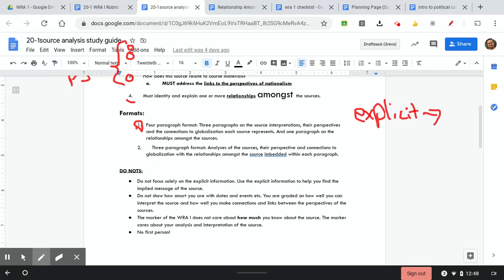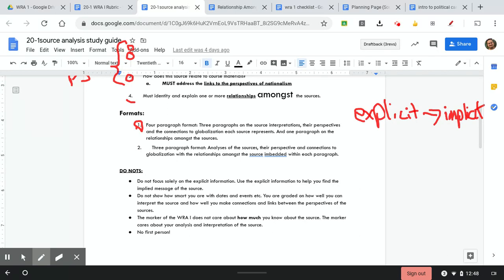So the explicit gets us to the implicit. You can't really know what the author's talking about if you don't look at the explicit information, but the explicit is used to tell us the implicit. So don't focus solely on the explicit.